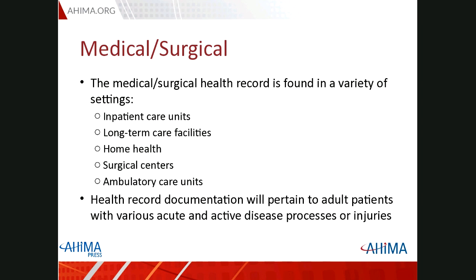The medical surgical health record is found in a variety of settings. We have inpatient care units, we have long-term care health facilities, we have home health, we have surgical centers, we have ambulatory care centers. And health record documentation will pertain to adult patients with various acute and active disease processes or injuries.